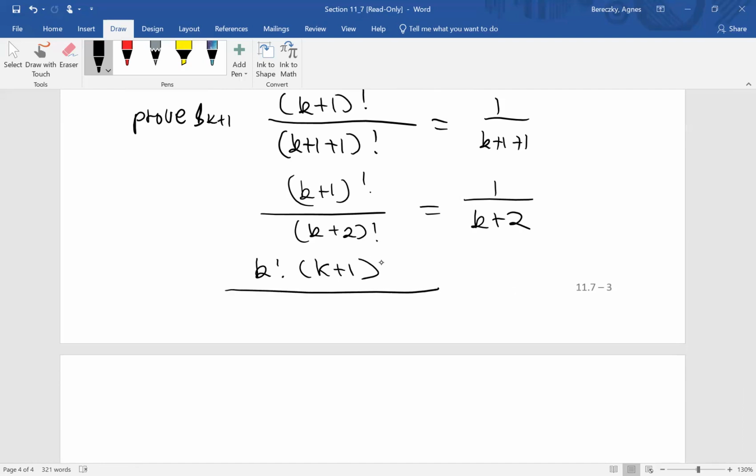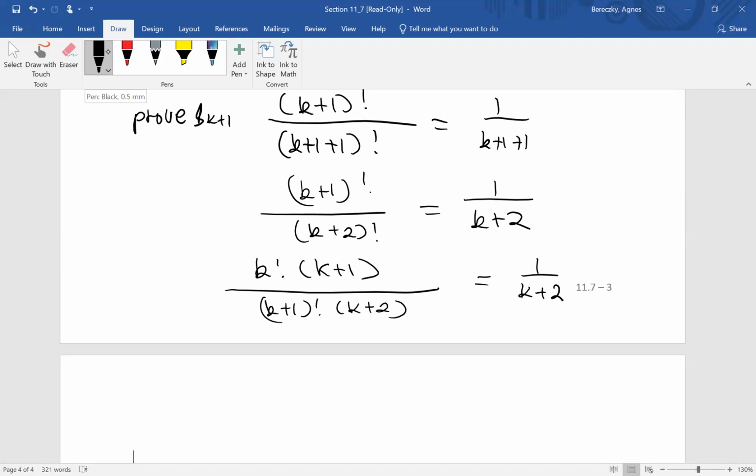And the k plus 2 factorial can go all the way up to k plus 1 factorial, and then the k plus 2 is our last term. Remember, we want to prove that this equals 1 over k plus 2.